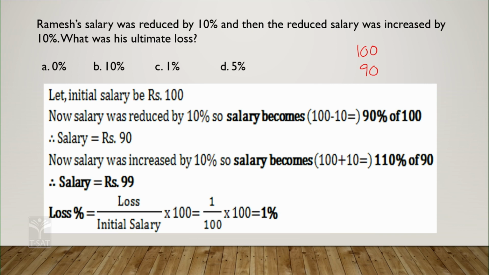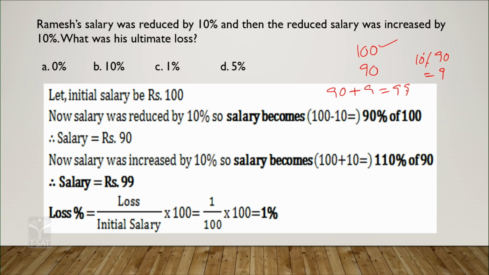Then there is a 10% increase in the reduced salary, means 10% of 90, which is equal to 9. So, 90 plus 9 is 99. So, initial was 100 rupees, then it is 99 rupees.